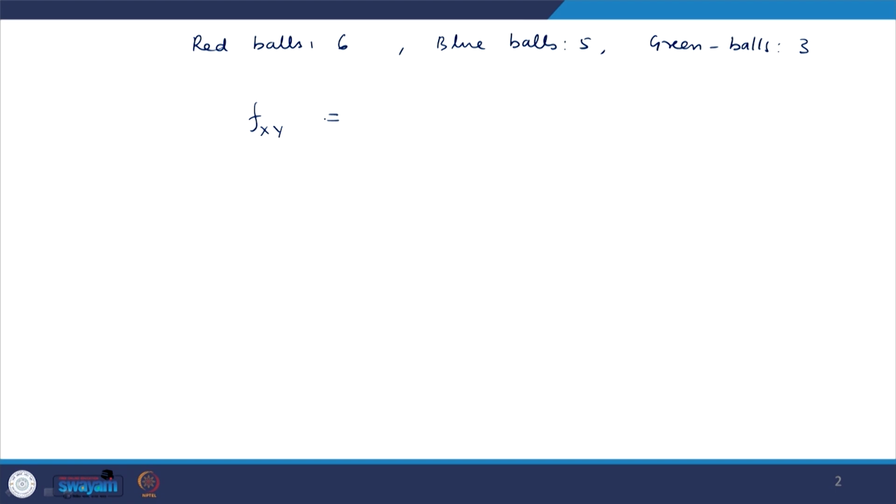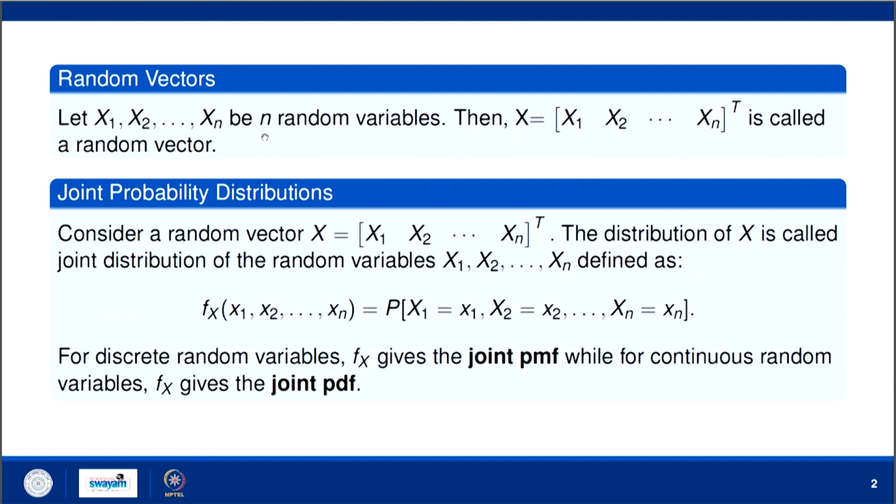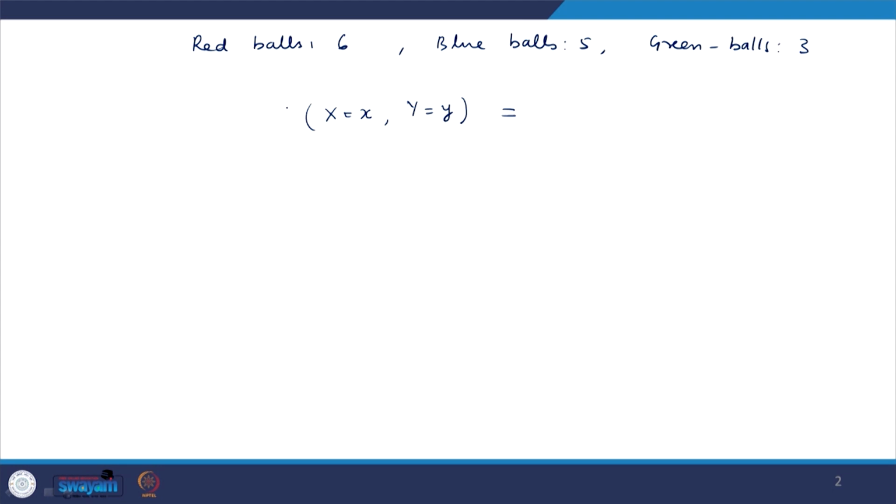So, we want to take out x red balls and y blue balls. We can denote it by p also, as we have shown here. Let us use the same notations which we have seen. Now x is the number of red balls, so it is 6Cx.